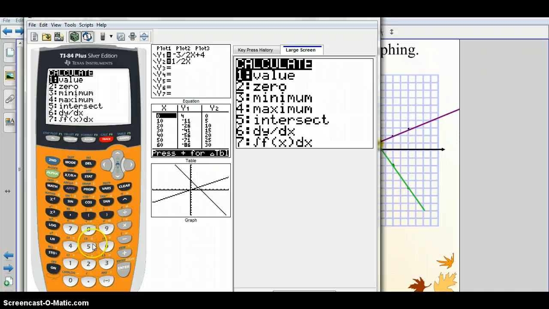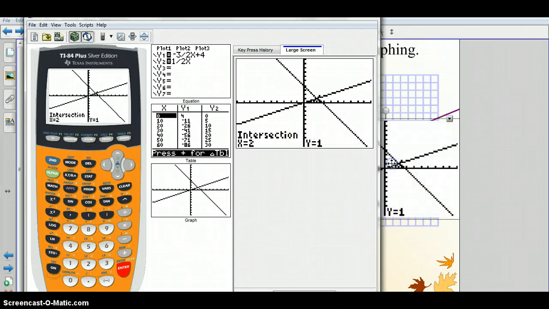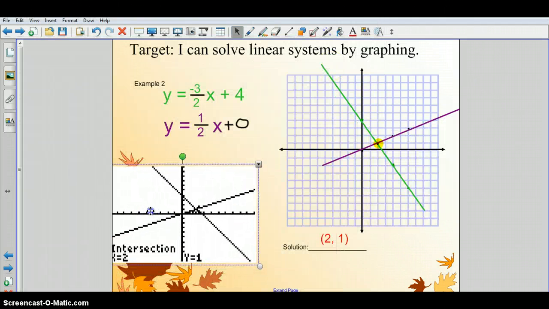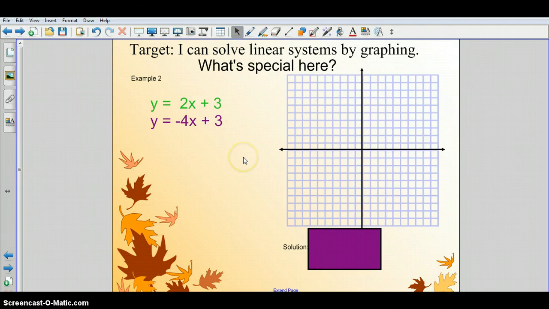And then number 5 for intersect. And then first curve enter, second curve enter. Take a guess. I'm going to scroll over to the right and get a little closer, hit enter, and I get the intersection point 2, 1, and I would like you to see that that matches up with the answer we have already. Okay. All right, this third one.